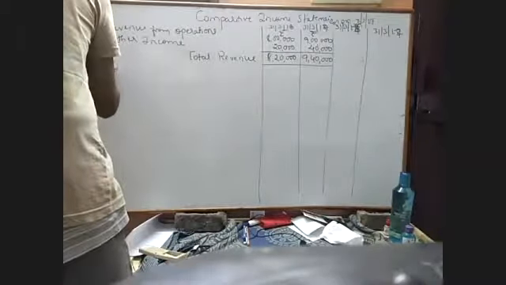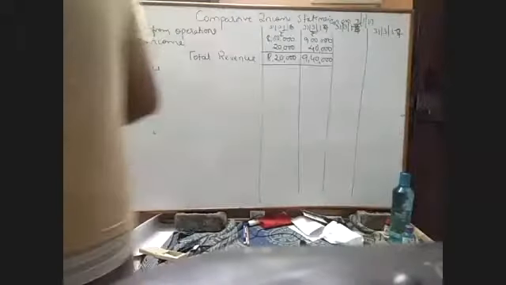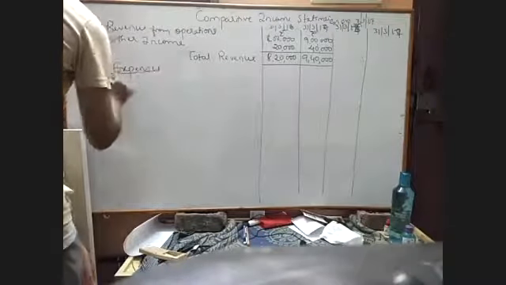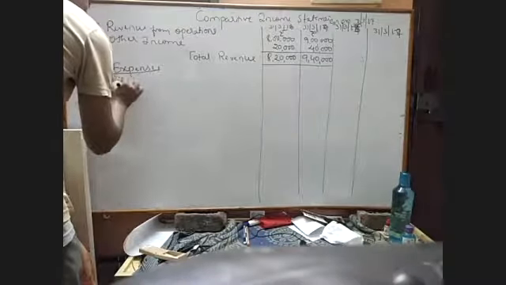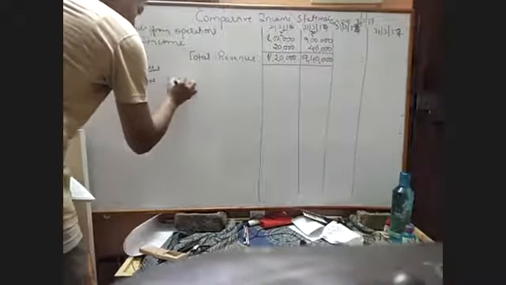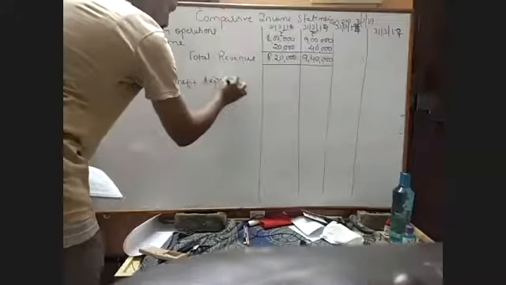Now next is Roman 4, expenses. And in that expenses, first we have employee benefit expenses, 1 lakh, 1,20,000.